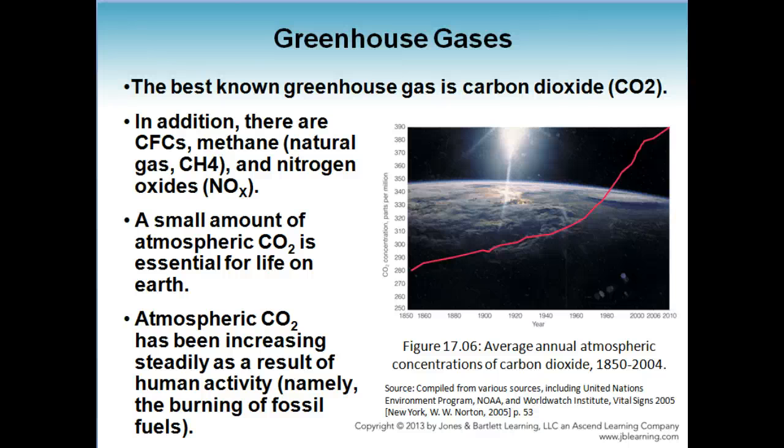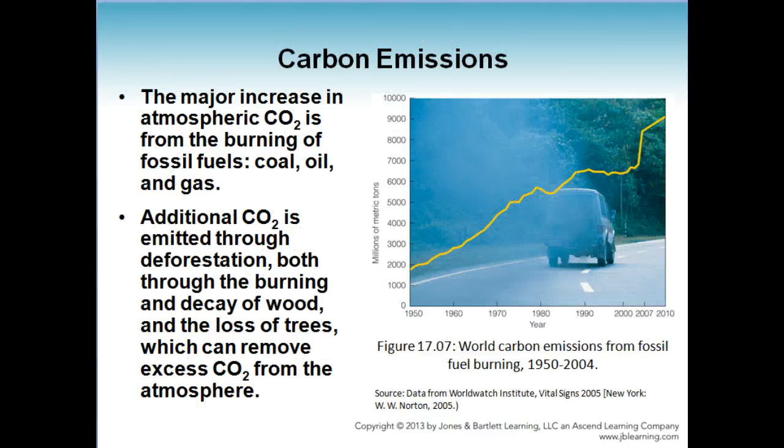Atmospheric CO2 has been increasing steadily as a result of human activity, namely the burning of fossil fuels. So since the Industrial Revolution, the concentration of CO2 in the atmosphere has been going up quite a bit. The major increase in atmospheric CO2 is from the burning of fossil fuels such as coal, oil, and gas.